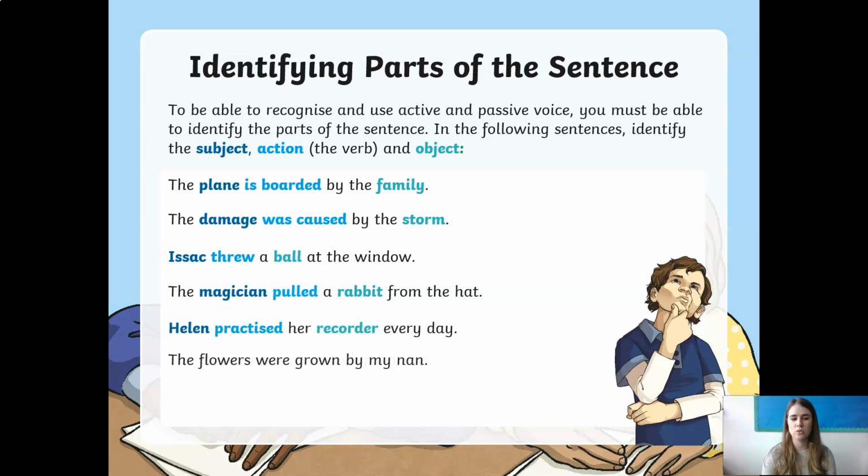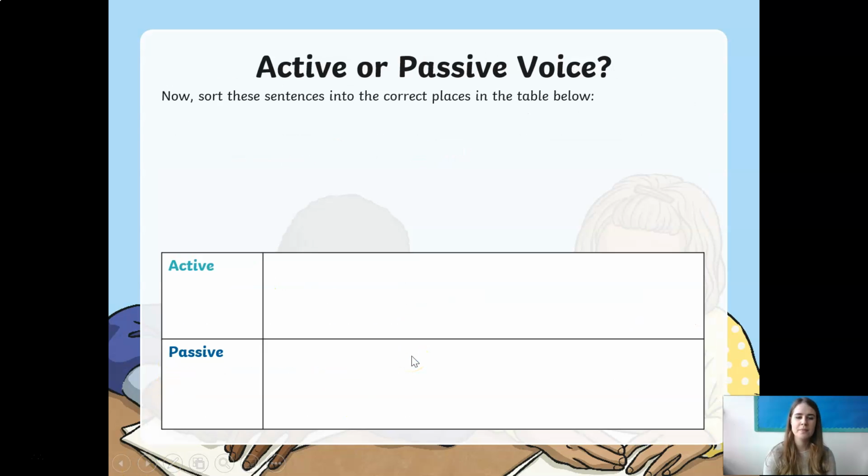Helen practiced her recorder every day and the flowers were grown by my nan, okay? So in order for us to be able to identify the different parts of the sentence, you need to know what the subject is, what the action is, and what the object is. So what is it that they're describing or talking about, okay?